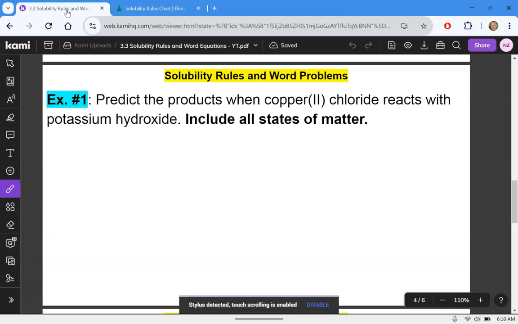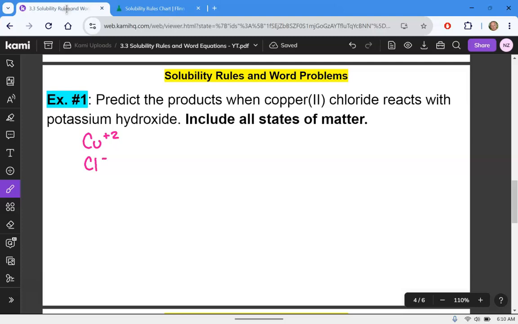So copper 2 is copper with a positive 2, and chloride, which is chlorine, is -1. And then we have potassium, which is +1, and hydroxide, which is -1.